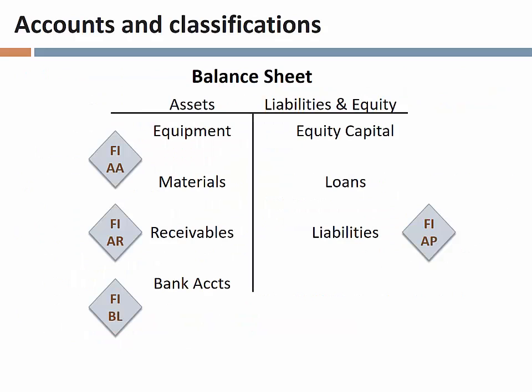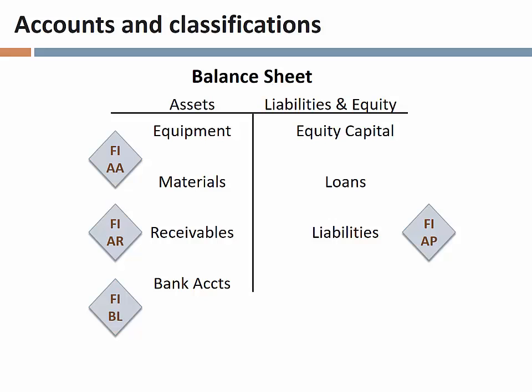So, for our accounts that are on our balance sheets, we said that assets have a native debit balance. So this is just an illustration of this. What would be examples of assets? Equipment, materials, receivables, money that customers owe us, for example. Accounts receivable accounts are assets.